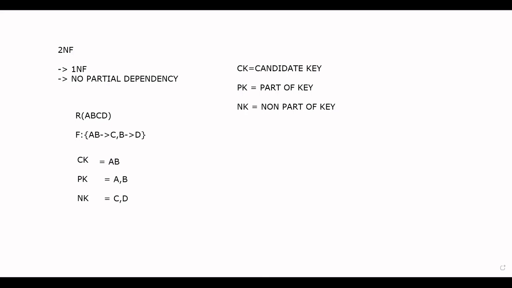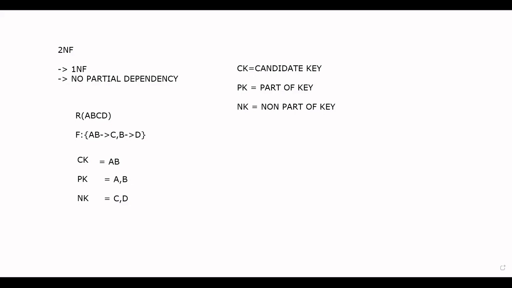If the left hand side of the functional dependency is a candidate key, it is directly in BCNF. So directly in BCNF means what? It is in 3NF also.